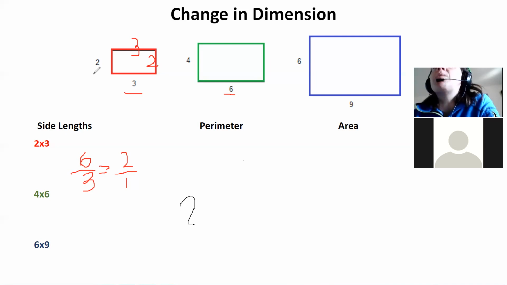No, that's okay. What would the perimeter be then, of that little rectangle? 10. Yeah, this perimeter would be 10.